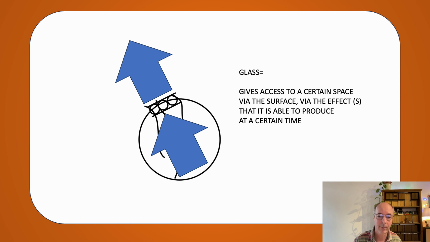I have to interpret that some other time, but there is an access to a space that will have a spatial effect after a while, or that is produced after a while. That is an extra association. It's not complete yet, but we are already closer to reality.